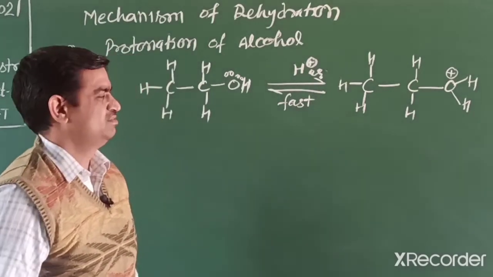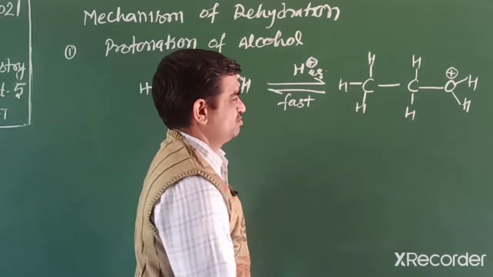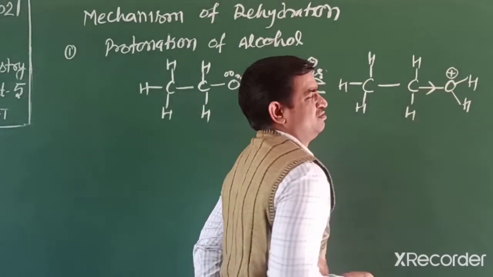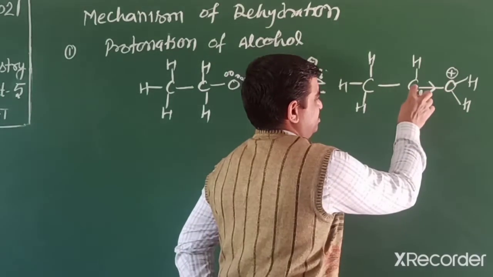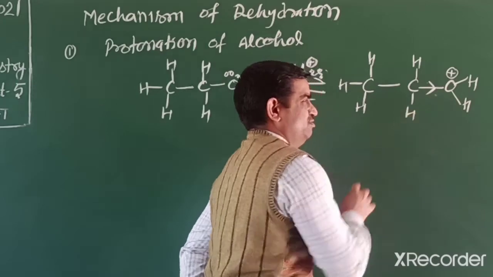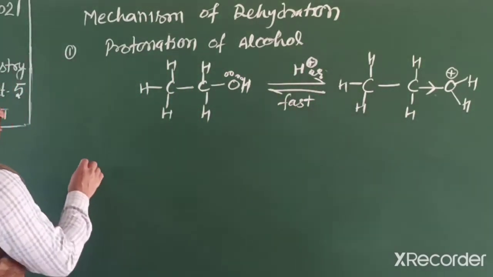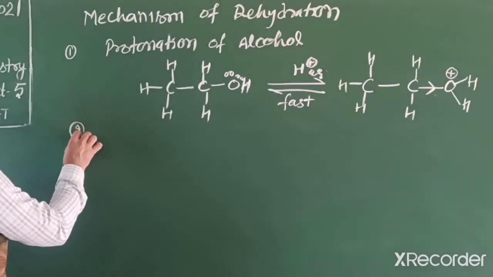Due to this, oxygen is positively charged, so electrons are attracted towards the carbon-oxygen bond, and this bond dissociates in the second step. So in the second step, what happens? Formation of a carbocation.